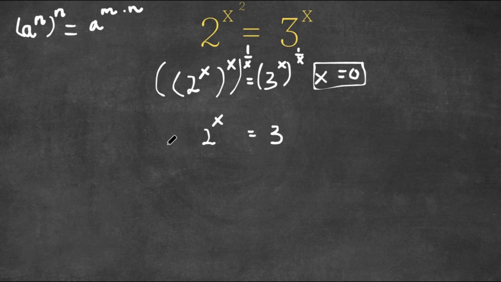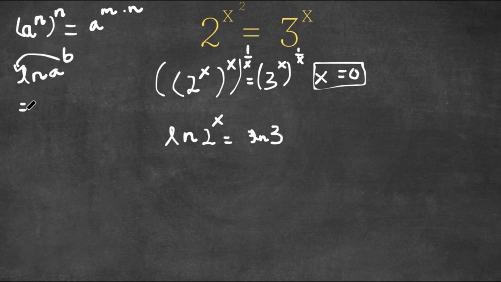Now I'm going to take the natural log on both sides, so ln on both sides. An important property of logarithms is that, let's say we have ln of a to the power of b, we can move the exponent, which in this case is b, to the front of the logarithm.